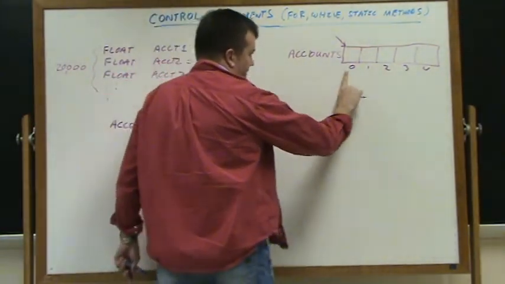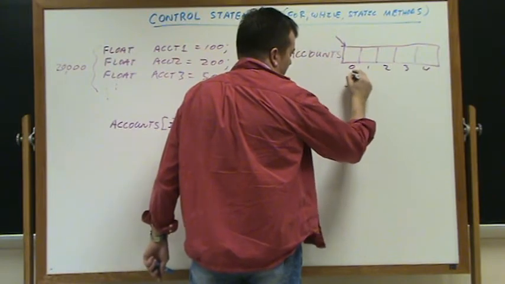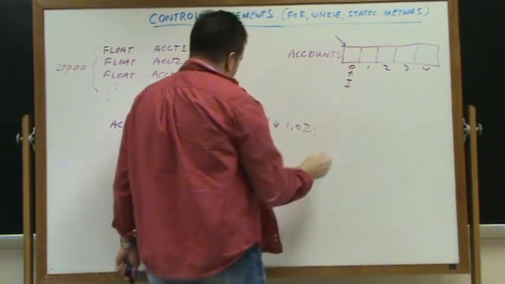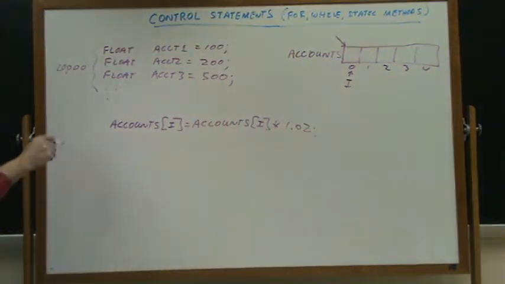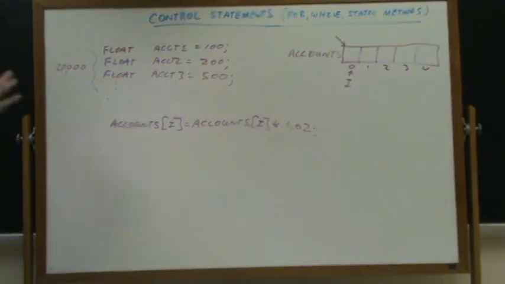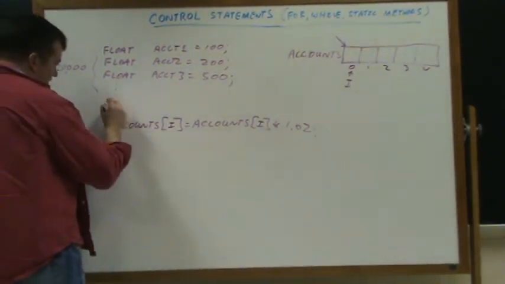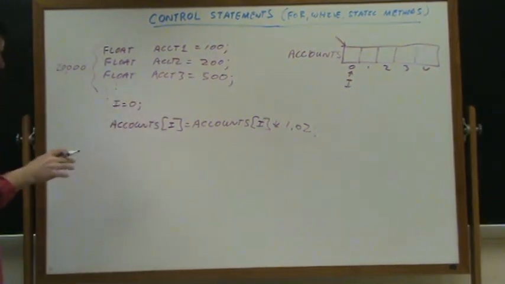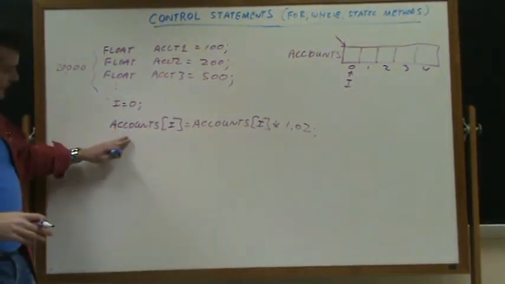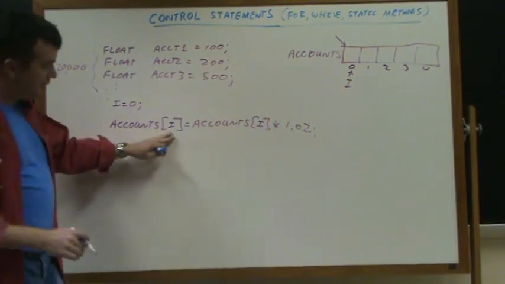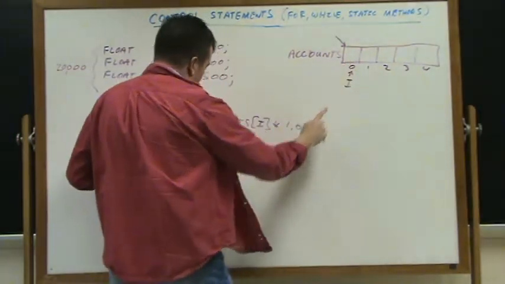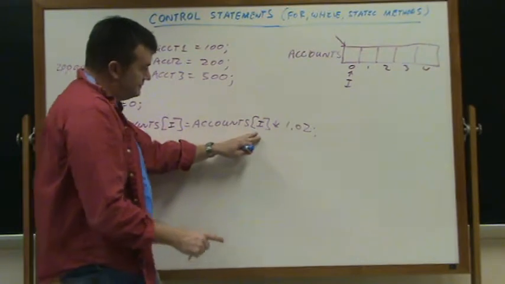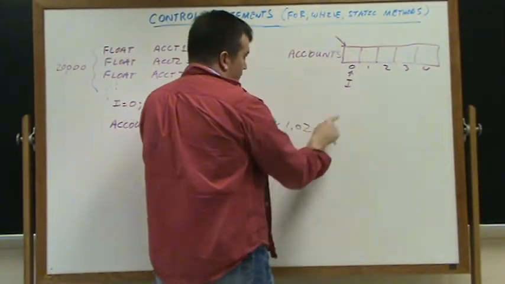So I represents the index. If I was equal to 0 initially, then accounts 0, that's this field, equals accounts 0, this field, times 1.02.